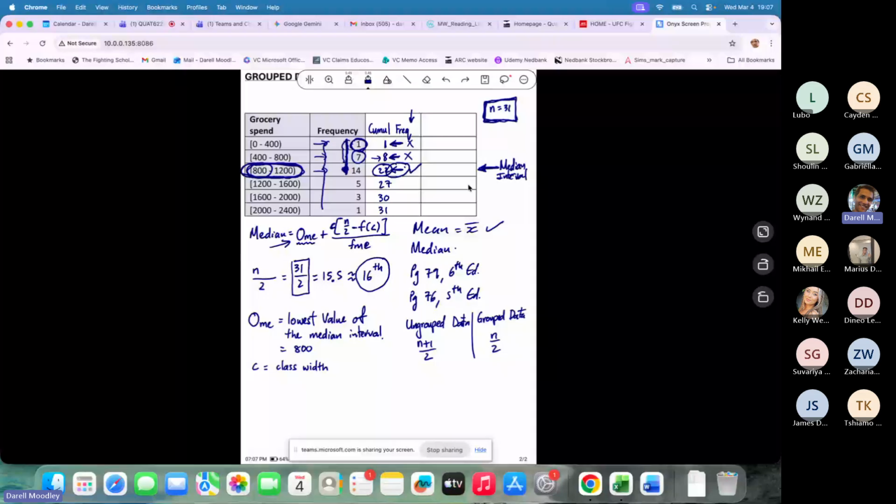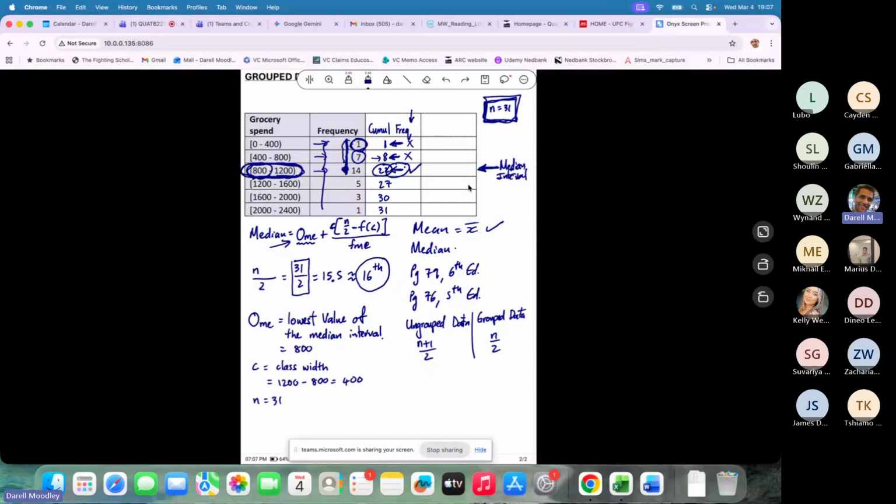So the width of that interval is just taking the maximum, which is 1200, and subtracting the lowest value, which is 800. And that's how wide that interval is. So it's 400. That's your C. Okay, so we know our L_ME, we know our C, N we already did earlier. N is 31.